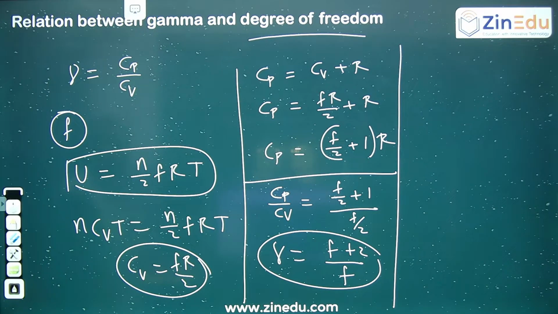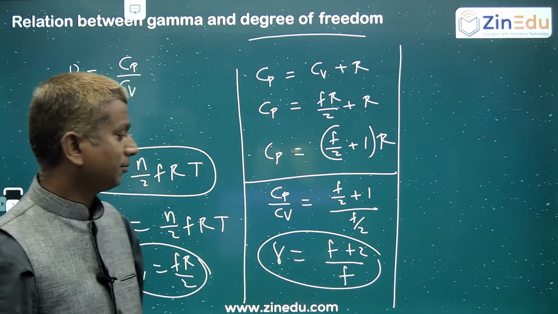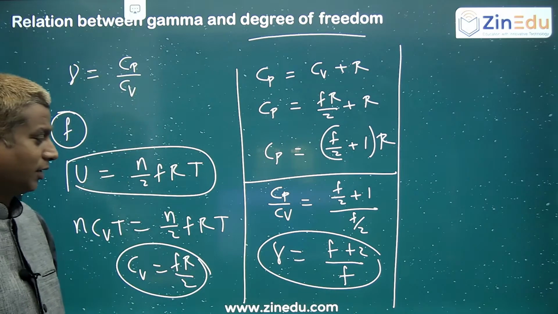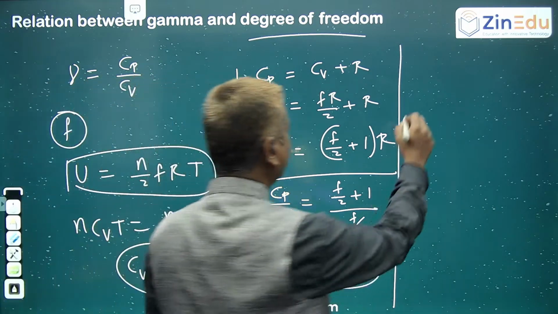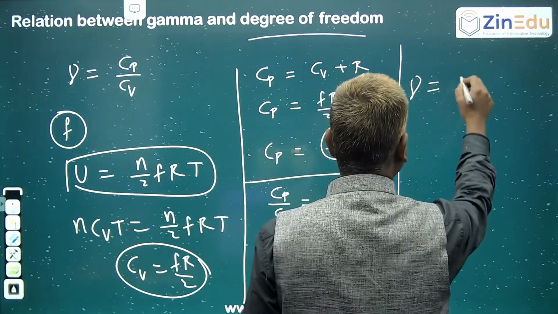Now here is the relation between gamma and f, so you can write gamma equals 1 plus 2 by f. Standard relation.